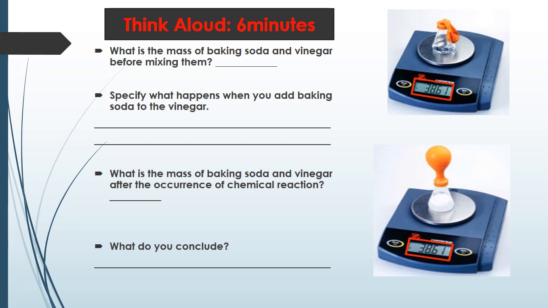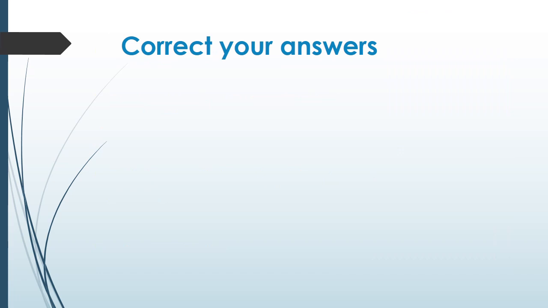According to these figures, specify what happens when you add baking soda to the vinegar. What is the mass of baking soda and vinegar after the occurrence of chemical reaction? And what do you conclude? Correct your answers.